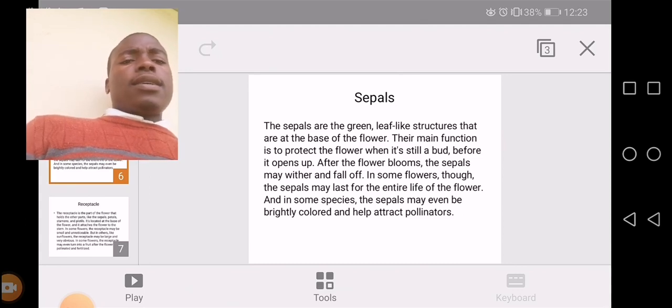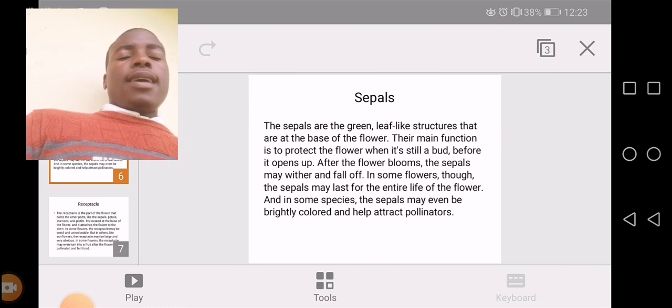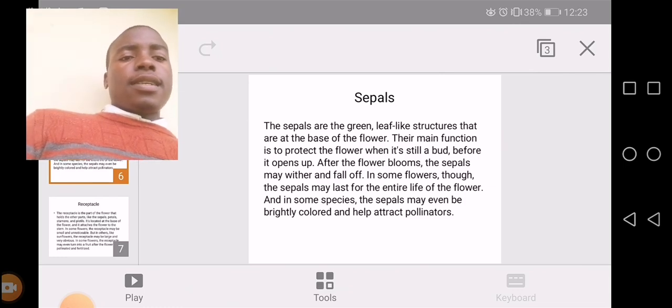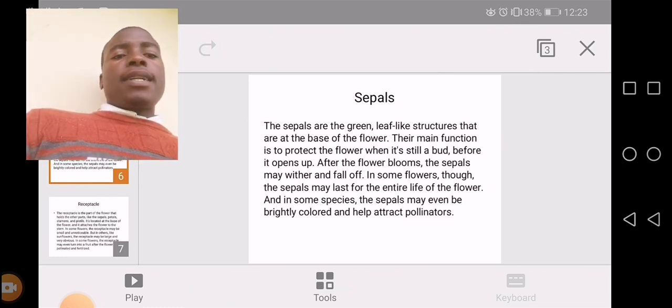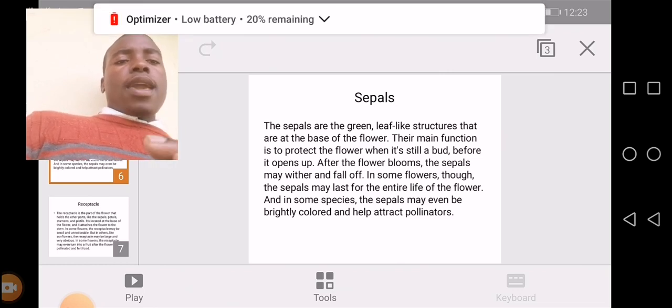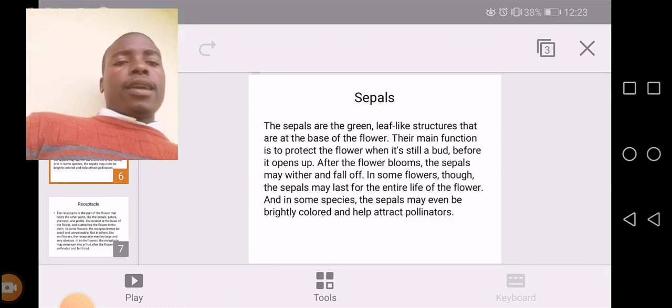In some flowers, the sepals may last the entire life of the flower. In some species, the sepals may even be brightly colored and help to attract pollinators to come and pollinate the flower, or help in protecting the flower.